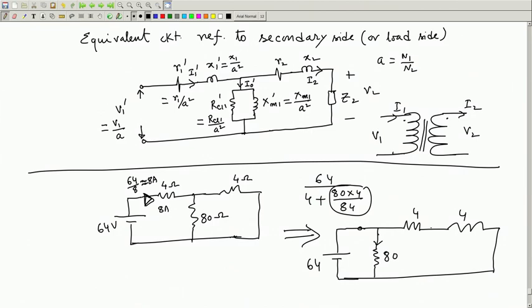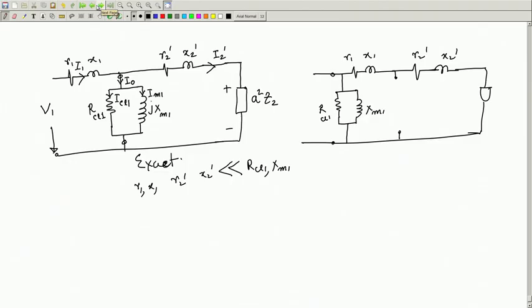Why? Because this current I can easily calculate, 64 by 88, and this current whatever it is, 64 by 80. These two can be added, the series parallel business goes, and still you will be very close to the correct value, what I am telling. They will not be exact, I agree with that. So, with that, keep in mind what exactly we are doing, then you will get pleasure.